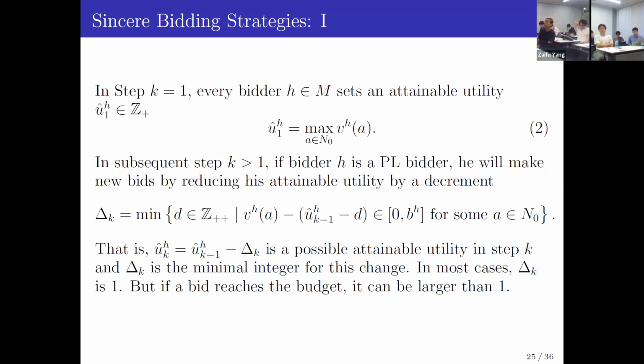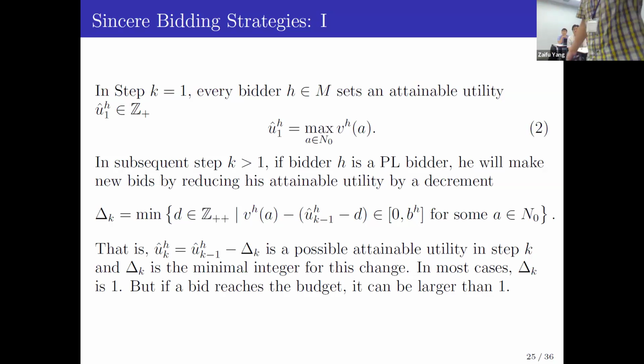We will update this according to which stage he is at. In the first step, the attainable utility is the maximum value of every bidder on all atoms.